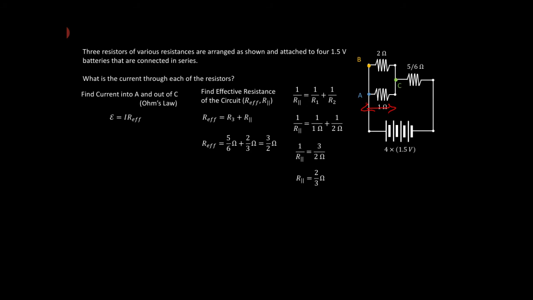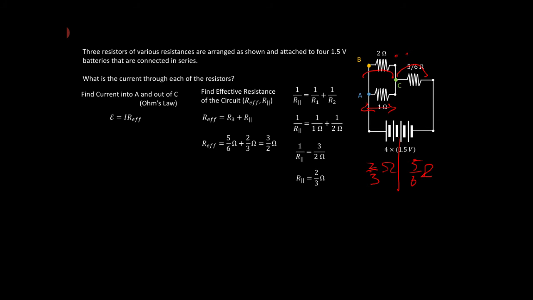So you'll remember that one of the things that we did previously was the voltage drop over this part from here to here, and the voltage drop over that part, is in proportion to the resistances. So this is 2/3 of an ohm, and this is 5/6 of an ohm. So it's proportional to those resistances.